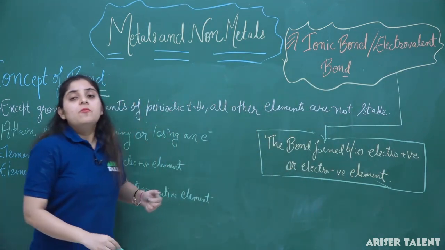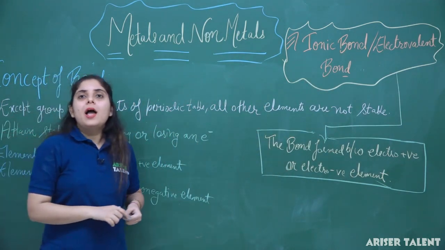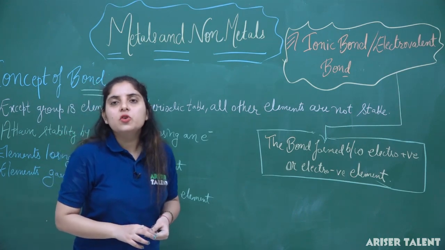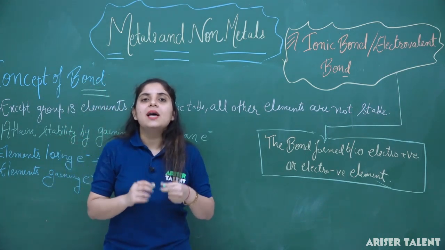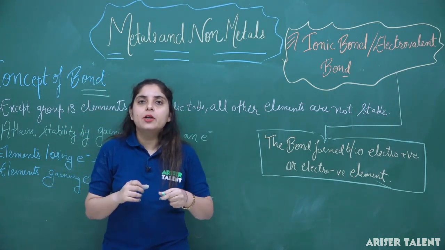Now we will look at an example of the ionic bond or electrovalent bond. It must be clear to you how this ionic bond is formed between different kinds of atoms.